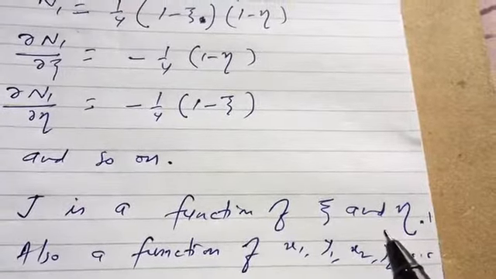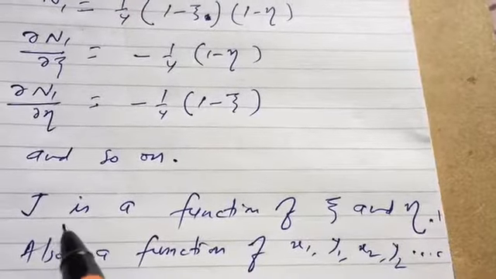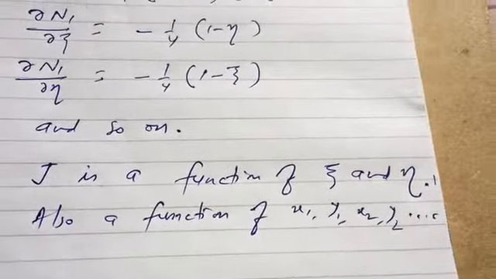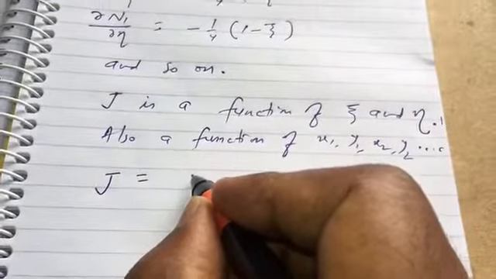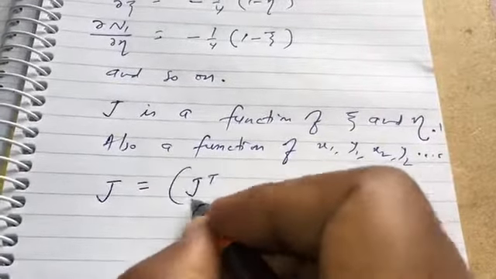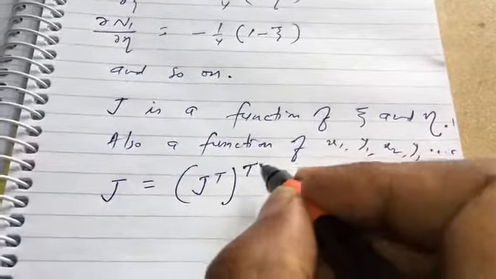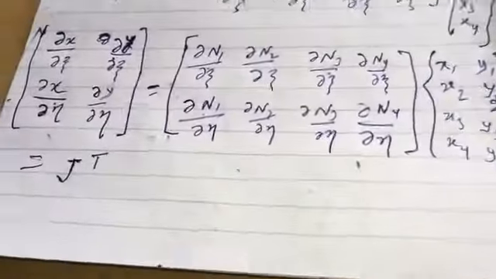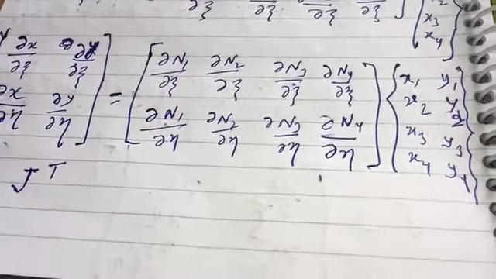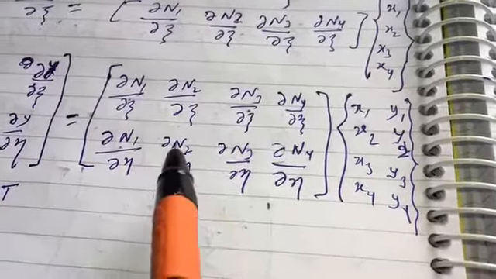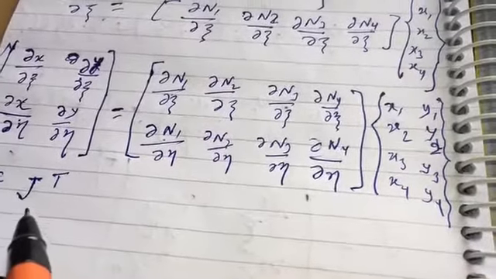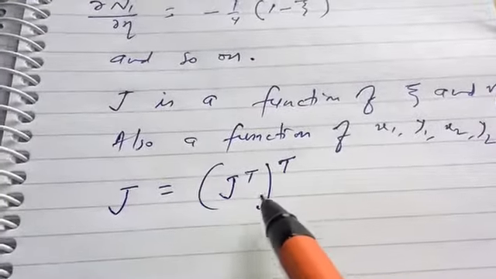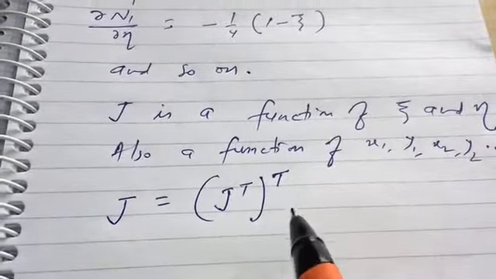For different xi and eta the matrix J will be different, where J is equal to the transpose of J transpose. So this is J transpose, we have here the whole thing. If you want to find out J, we transpose it further, that's why I wrote J equal to transpose of J transpose.